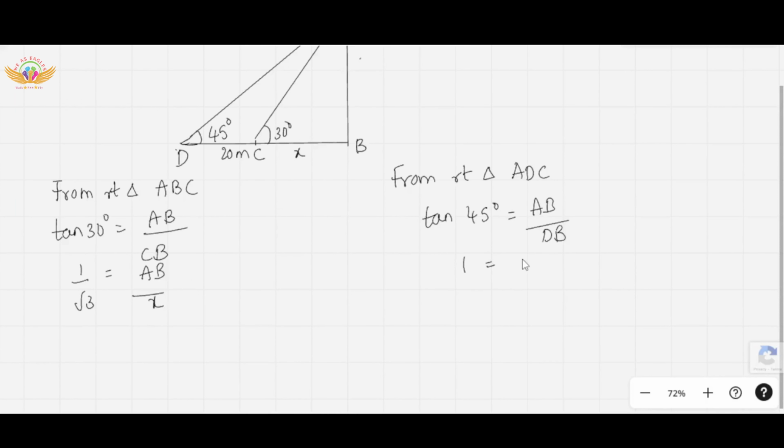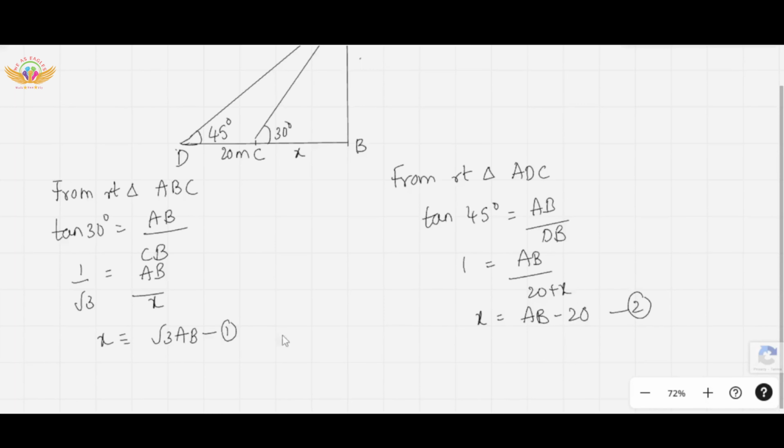Here 1 equals AB by DB, and DB is 20 plus x. So from here we got x equals root 3 AB. That is our first equation. And here 20 plus x equals AB, so x equals AB minus 20. This is my second equation.